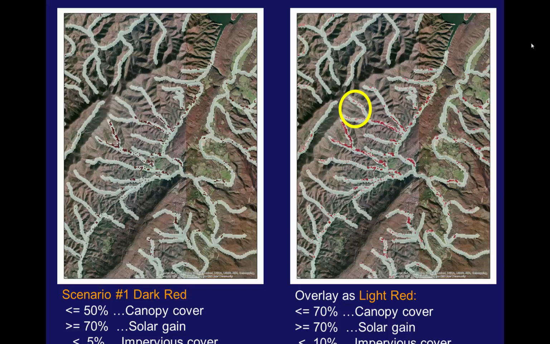For this example, I tried to highlight one of those areas here. You can see this area now has some sections of the riparian corridor that did meet the criteria, but the same area using the first set of parameters did not have any of those. That's just an example of how setting these parameters can change the output.